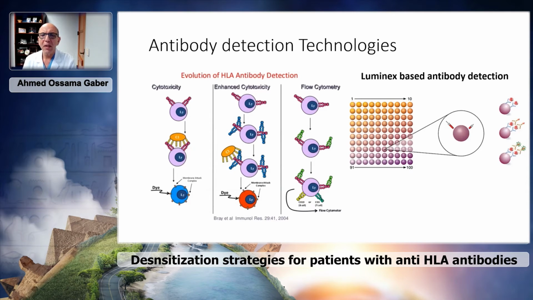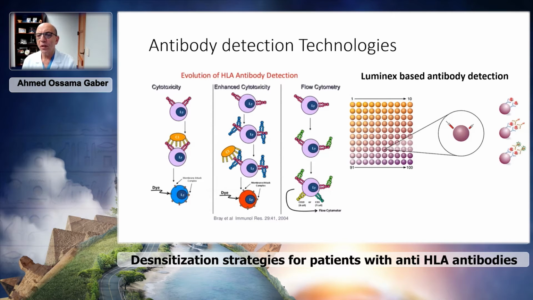You can enhance that by adding AHG, so instead of one molecule of antibody binding, you can bind more molecules. You get faster or more pronounced cell death, and that's called enhanced cytotoxicity.